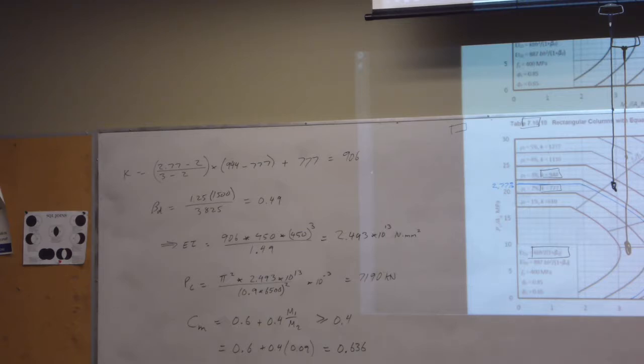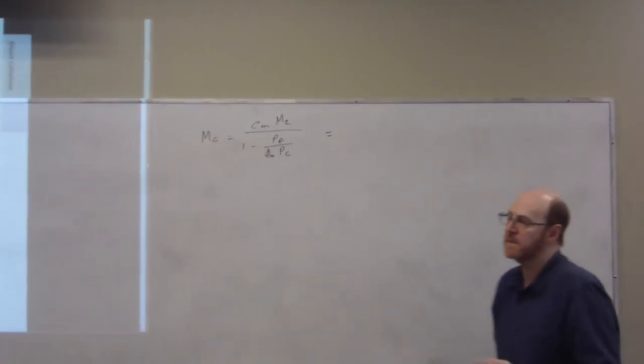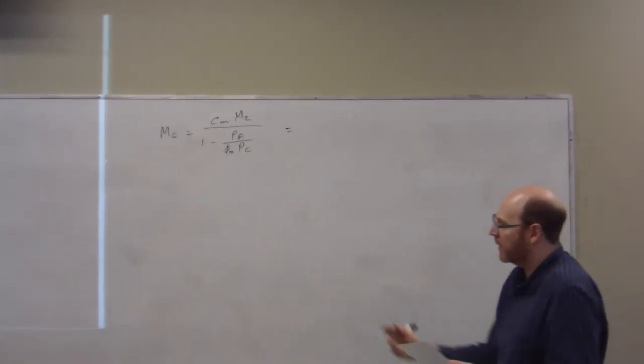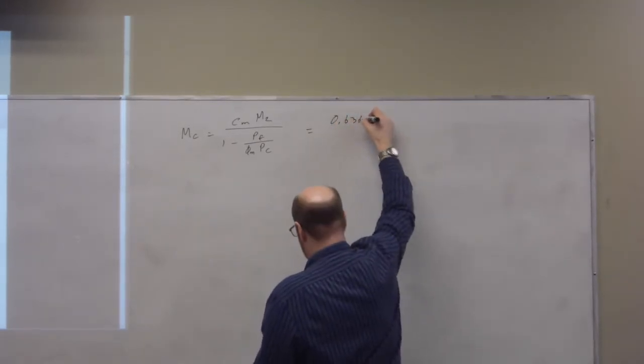Mc formula is our Cm times our M2 divided by 1 minus Pf divided by phi times 0.75 and Pc. Now we have all the components to stick into that formula. And so we got our Cm, 0.636.